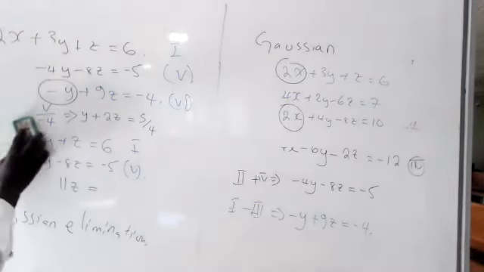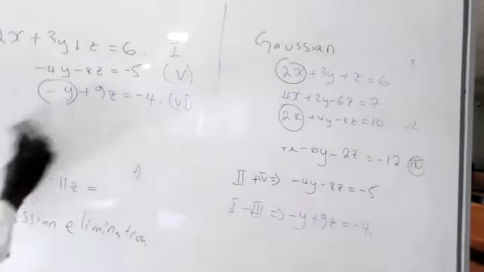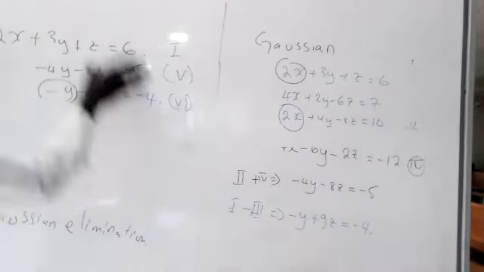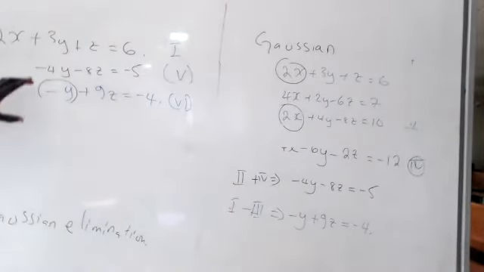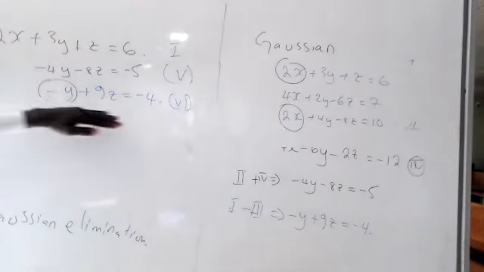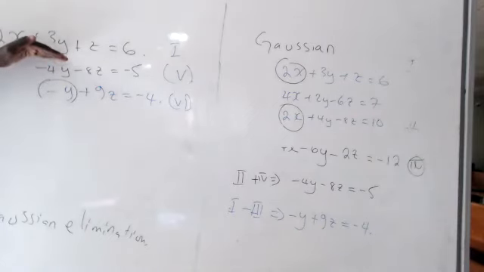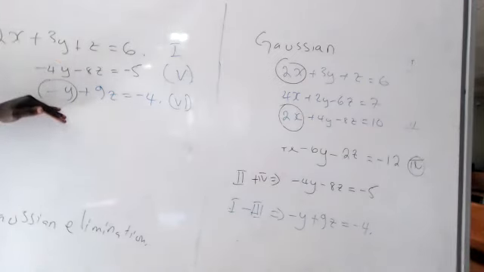So let's go back to what we had before. Now we have reduced this system so that we only have two unknowns in the last two equations. But our goal is to make sure that the last equation has only one unknown. So now we must use this second equation to eliminate y from the third equation.